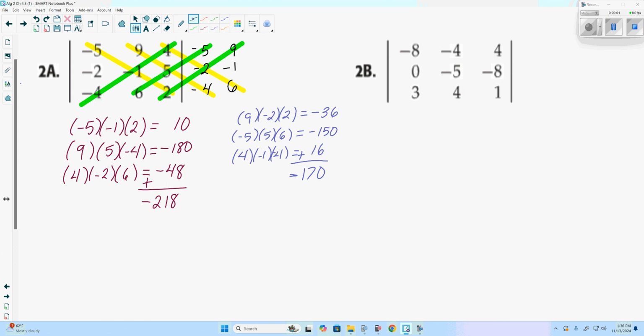Yes. So our numbers going from left to right go first. So -218. And we subtract from it the diagonals going from the right to the left, which is negative 170. Well, our negative and negative make a positive, negative.